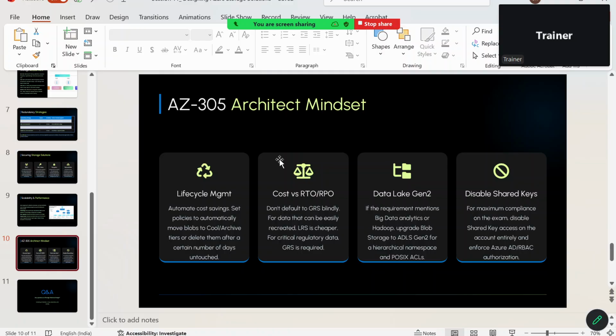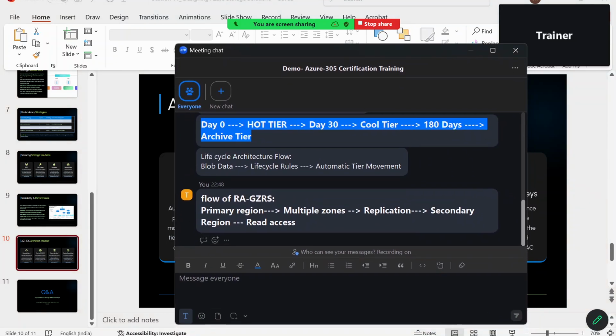Now what is the storage security architecture? One of the most important architect responsibilities, there are layers for security: identity, network, encryption, and monitoring. Let me write here. Storage security architecture layers.